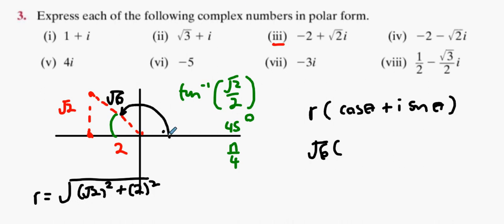I think that's 45. What's root 2 over 2? Oh, sorry, it's 2 over root 2. It's not 45.